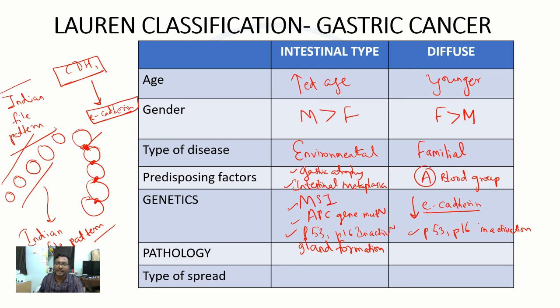Also, the cytoplasm will be pushed to one side of the cell, and your nucleus will go to the periphery. This characteristic pattern is called the signet ring pattern. This is seen in microscopy again, right?